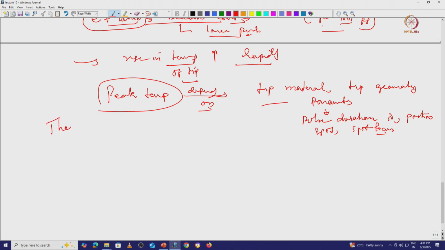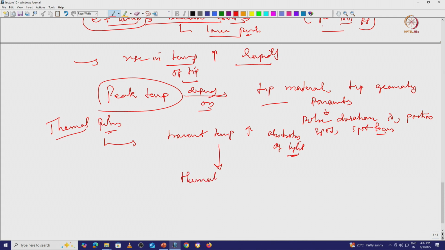So in thermal pulsing or laser pulsing, the main concept is that the transient temperature increases due to the absorption of light from the laser source, and this increase in transient temperature will increase the thermal agitation of the surface atoms, okay.